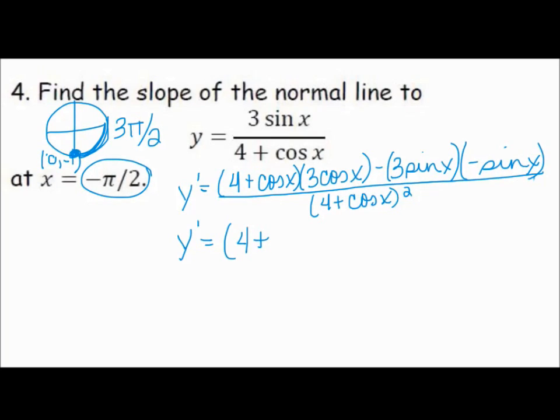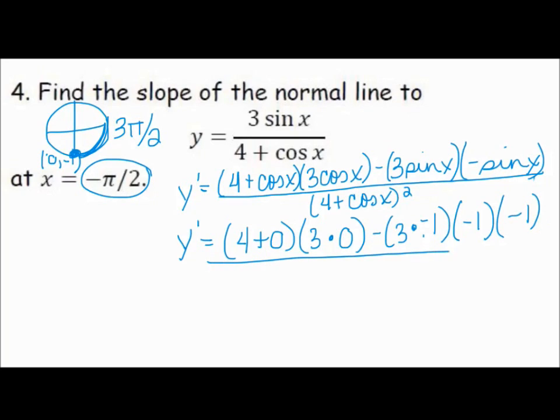And so cosine, in this case, is 0, times 3 times cosine of 3 pi over 2, which again is 0, so it'll be 3 times 0, minus 3 times sine, in this case, sine is equal to negative 1, times negative 1, that's negative sine, times the sine of 3 pi over 2, excuse me, which is again negative 1.